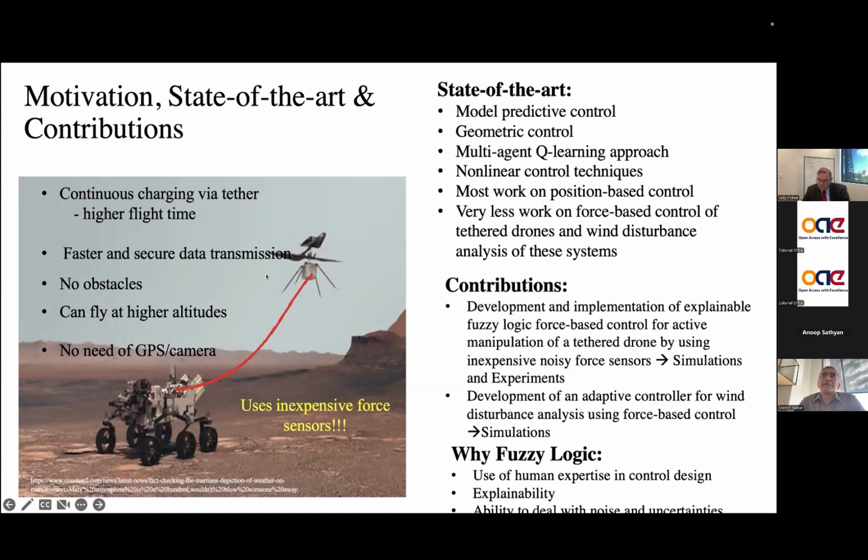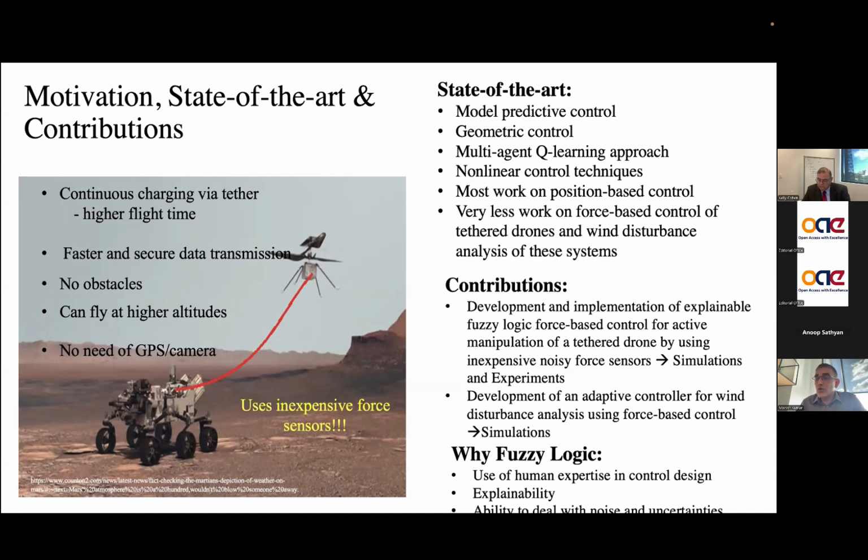But when we look at it, there is some work done in developing controls for this. The major challenge over here is that when you attach the drone to a ground vehicle via tether, the tether can provide a destabilizing force on the drone, and the drone might crash. This tether is not only supposed to provide a way to guide the drone, but also we need to make sure that it does not destabilize the drone.